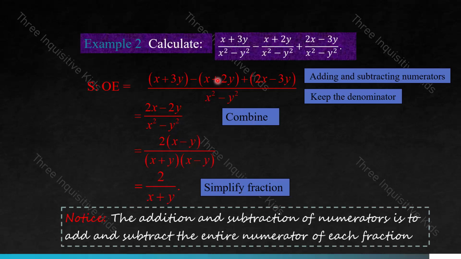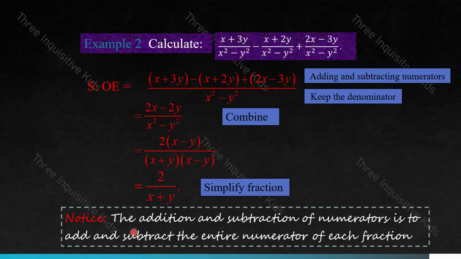So if you wanted to take the parentheses out, you would have to have minus x minus 2y. But here's where a lot of students get it wrong. Instead of thinking of x plus 2y as a whole, they just give the x the minus sign while still adding the 2y. That's a common mistake that people make.